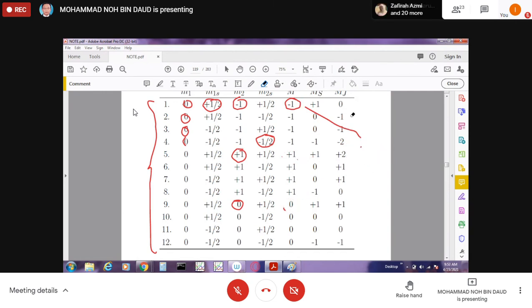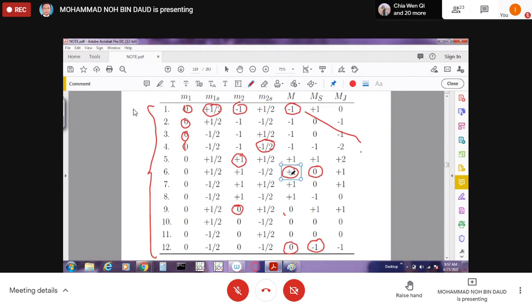Okay, if you want to choose this one, you must have this one and this one. Cannot. Yes, this is M -1, +1 and 0. So we can use this one, L1. At the same time, the MS here, if we choose this +1, we must have this one.